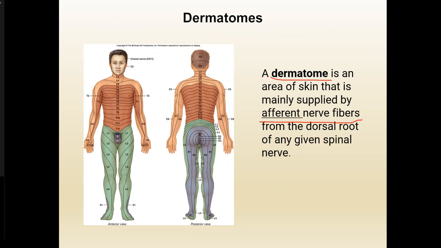Okay, this is just a definition. We can recognize areas, and we can map these areas. It has been mapped, and all the areas have specific references. But you don't have to know all this, you just have to know the definition of dermatome.